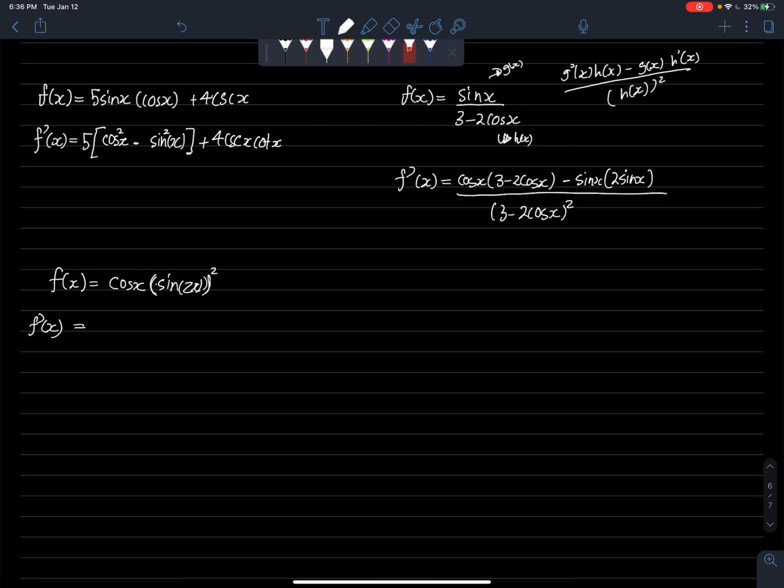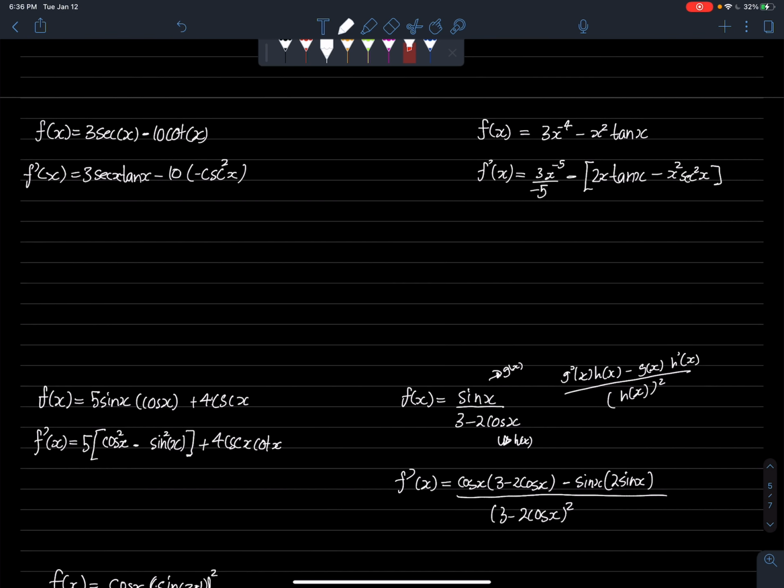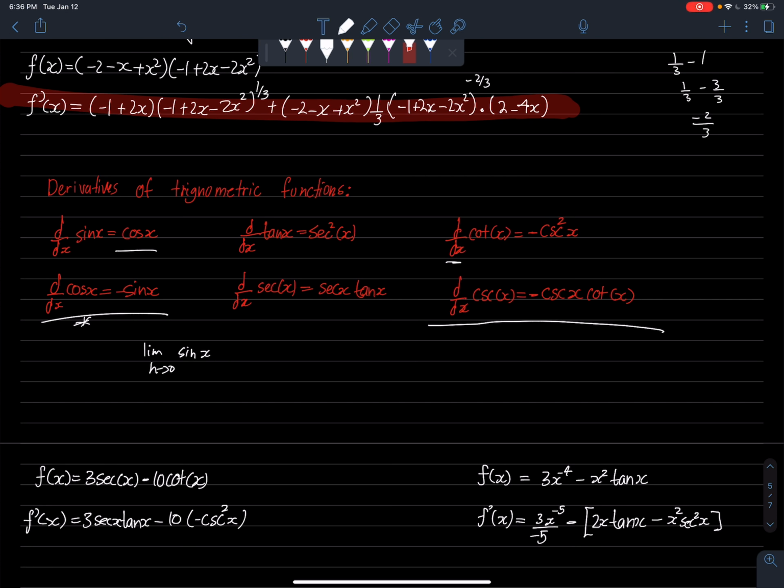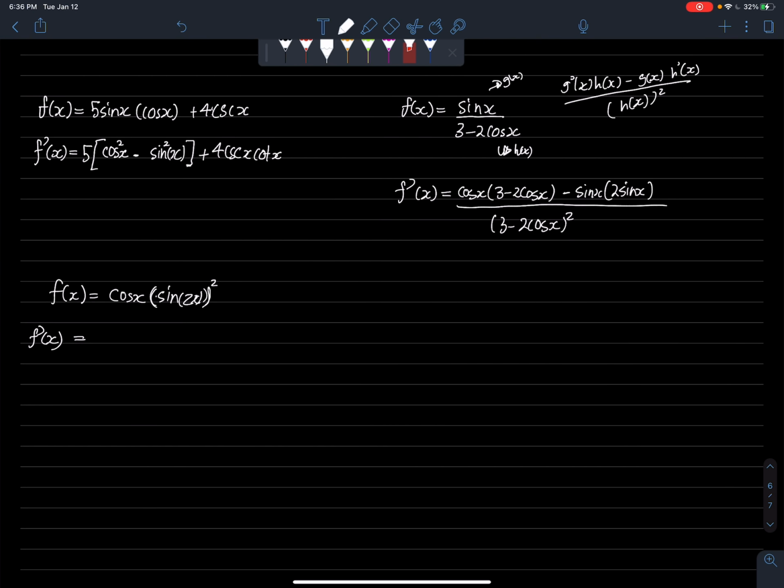So let's do it now. The derivative of cos x is negative sine x. You might want to take a screenshot of this. Negative sine x times sine 2x squared, plus the first part, cos x, times the derivative of that.